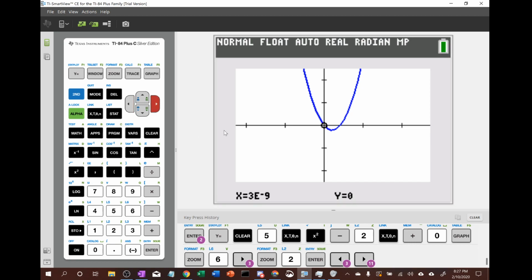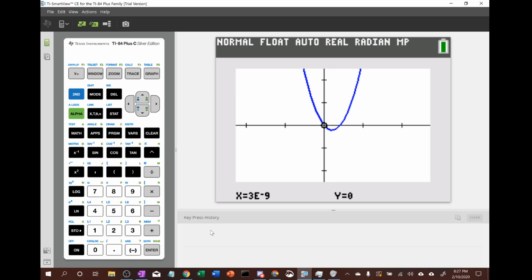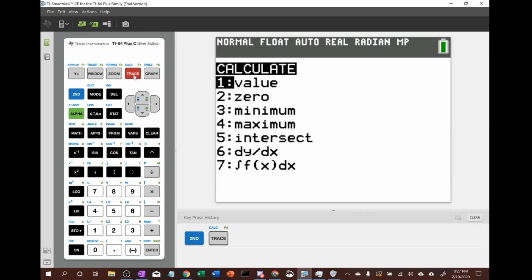But what key press do I use to get the vertex coordinates? 3.